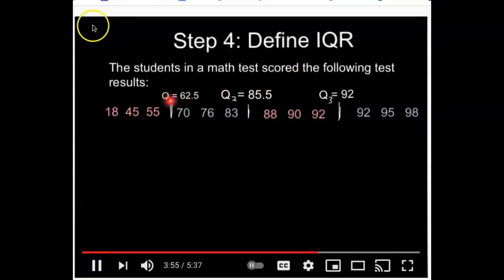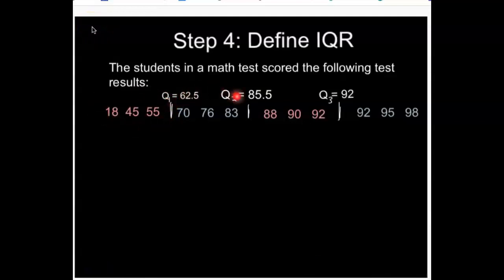Right. If this lower piece is the bottom 25%, then this is the second 25%, or this is the lower 50%. This is the lower 75%, and then the 100%. Likewise, you could also say upper 25%, upper 50%, upper 75%.